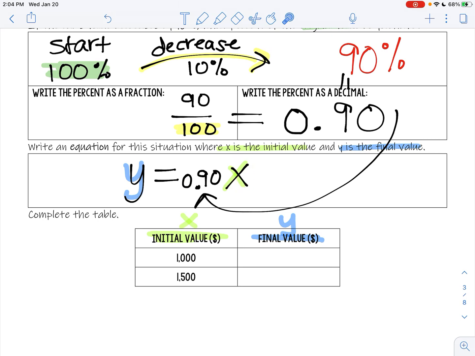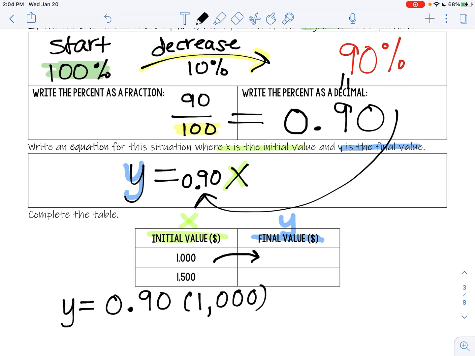So again, we notice some patterns here. We have 1,000 and we want to get to the final value. We can just use substitution if you want. We don't know what y is, because the y value is the final value. But we do know that the x value is 1,000.